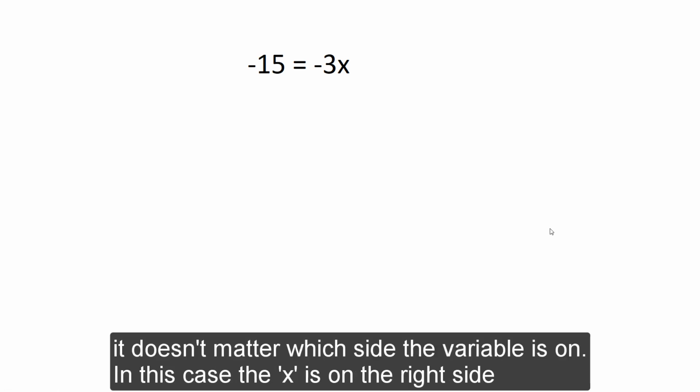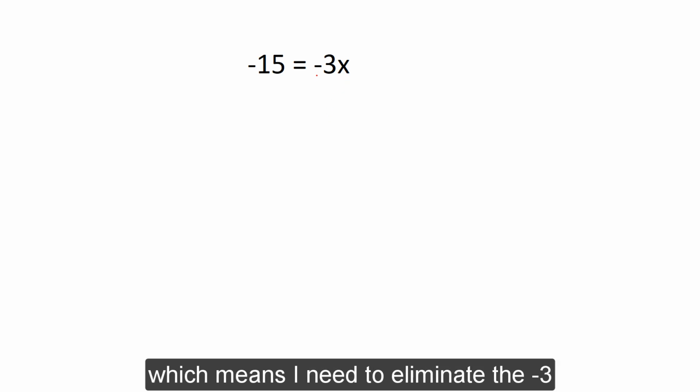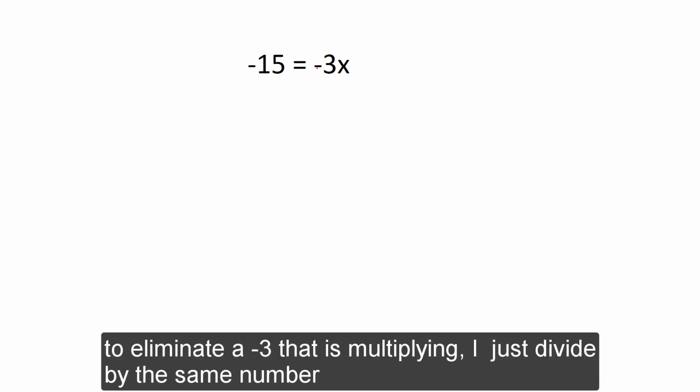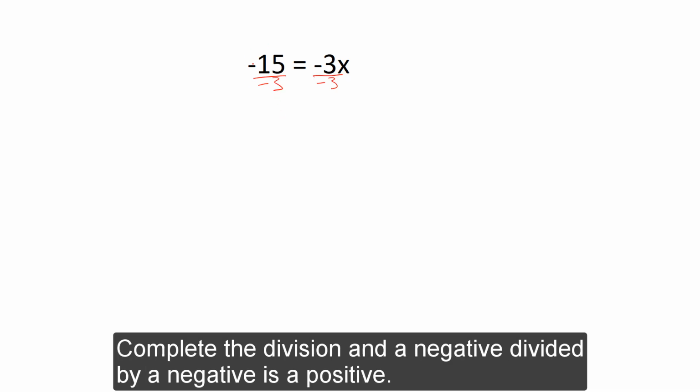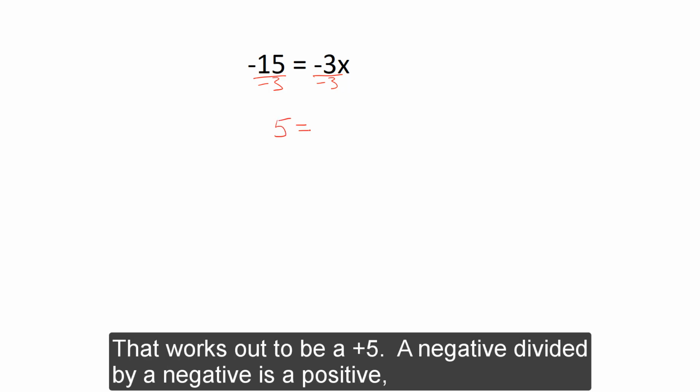It doesn't matter which side the variable is on. In this case the x is on the right side, which means I need to eliminate the -3. To eliminate a -3 that's multiplying, I just divide by that number. If I do it to one side, I must do it to the other. When I complete the division, a negative divided by a negative is a positive, so that works out to be a positive 5.